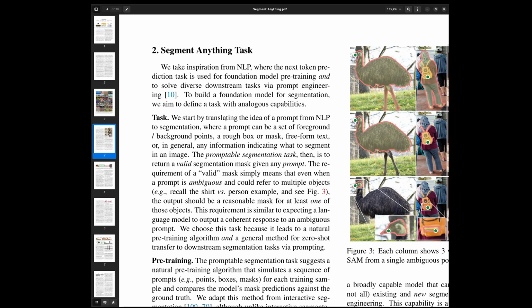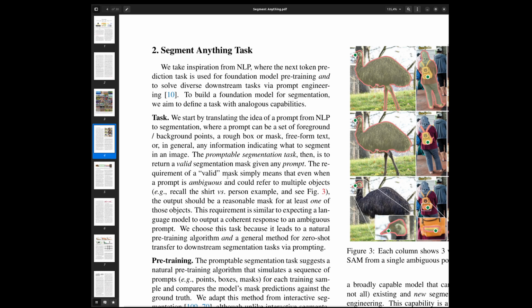We start by translating the idea of the prompt from NLP to segmentation, where a prompt can be a set of foreground or background points, a rough box or mask, free-form text, or in general any information indicating what to segment in an image. The promptable segmentation task then is to return a valid segmentation mask given any prompt.